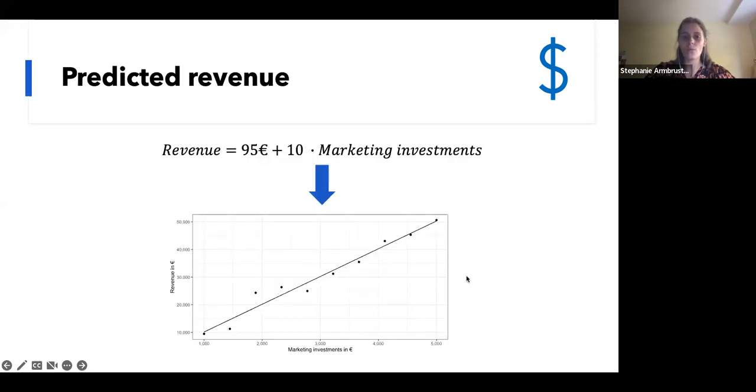And that is how we compute it. That's the algorithm behind linear regression, how it computes your slope and your intercept. So we need to find those two such that these red lines are as short and as small as possible. So in this case, with the marketing example, we would have an intercept of 95 and a slope of 10.